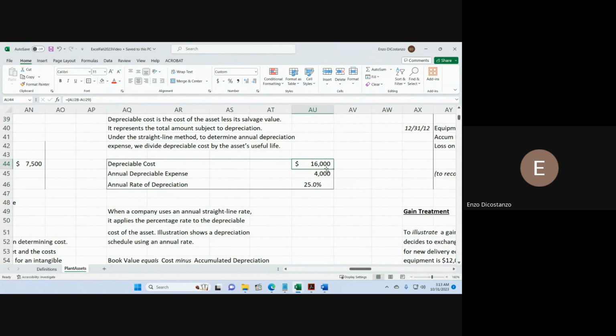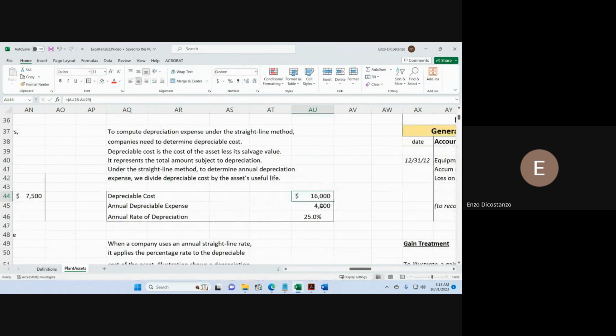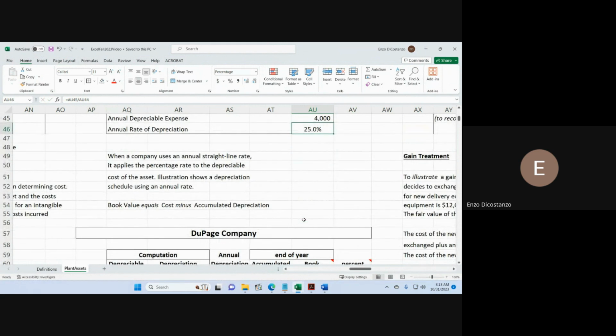So this was simply the subtraction of these two, 18,000 minus 2,000, then 16,000 divided by 4, and then the percentage, 4,000 over 16,000. It applies a percentage rate to the depreciable cost of the asset, and we illustrate that below.